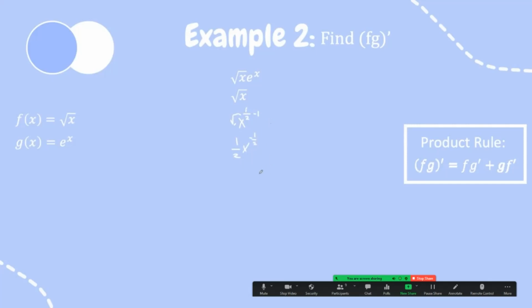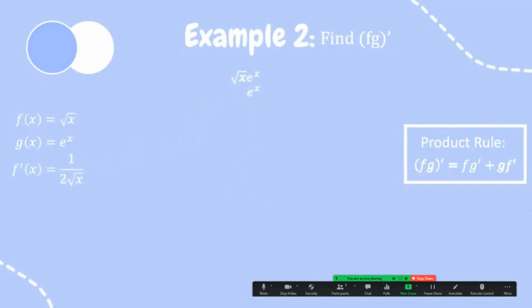And you can also rewrite that as 1 over 2 square root of x. So the derivative of f of x is 1 divided by 2 times the square root of x.